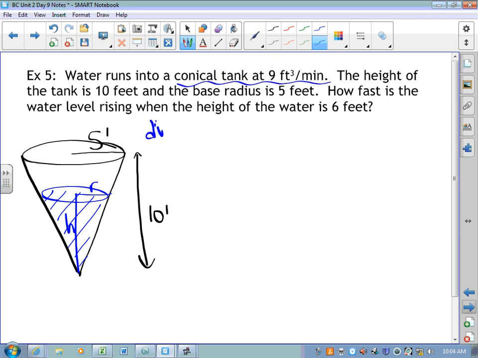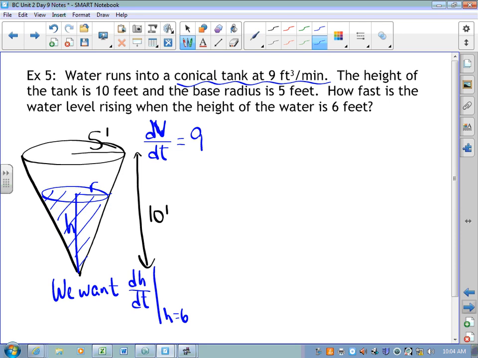We know that the derivative of volume with respect to time is 9. That's just somebody turns on the spigot, water is always flowing in at 9 cubic feet per minute. What we want is how fast the height of the water is rising when the height is 6.